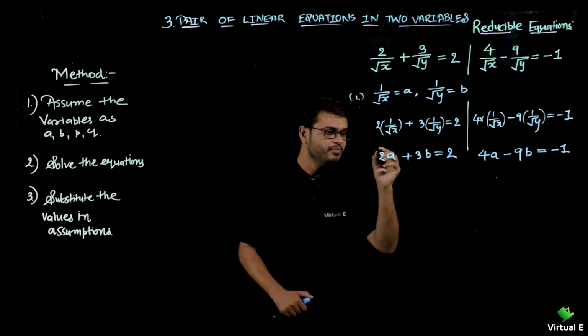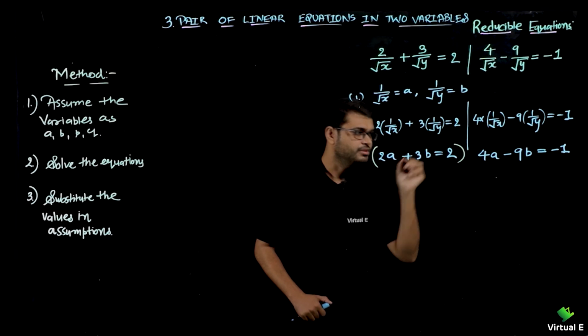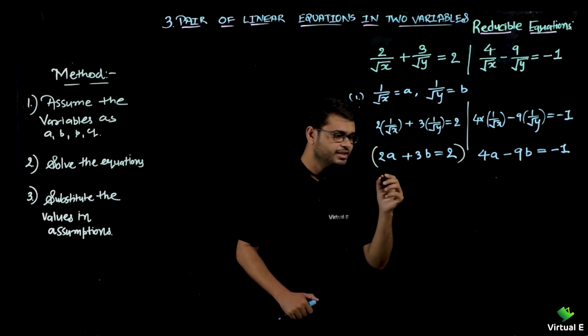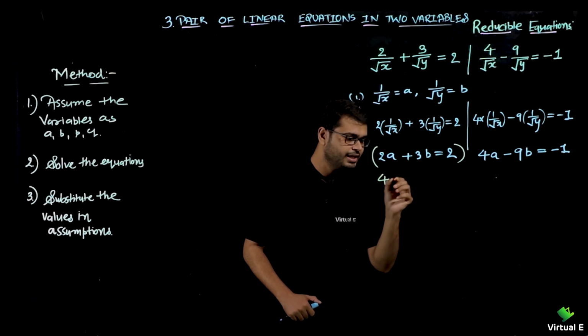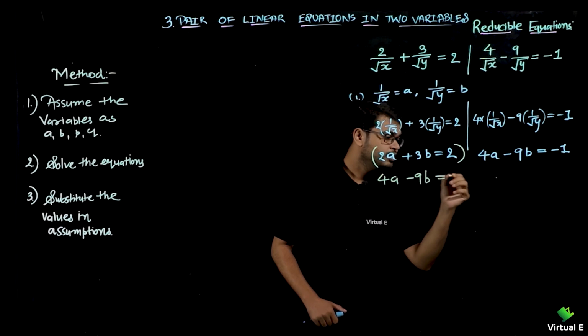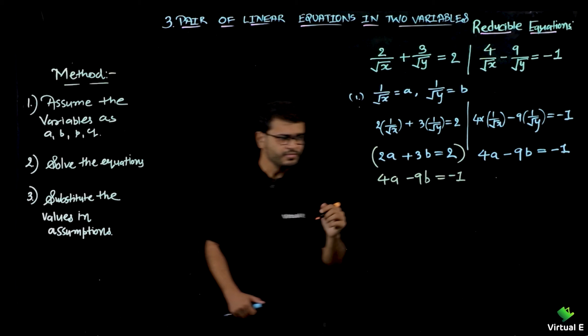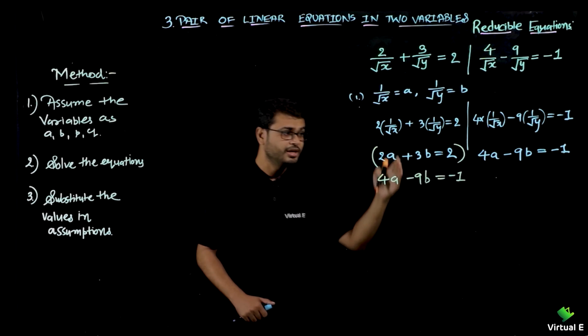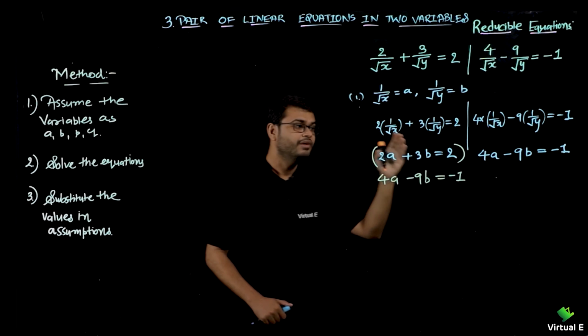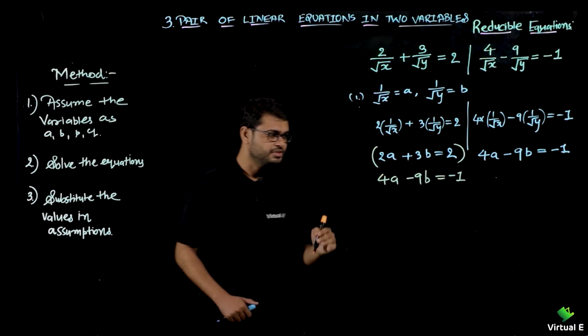So I will be modifying the first equation. What will I be doing? Let me just write the second equation below it, so you will get a clear idea: 4a minus 9b is equal to minus 1. This is what I am interested in. Plus and minus will cancel out each other if we have equal coefficients.